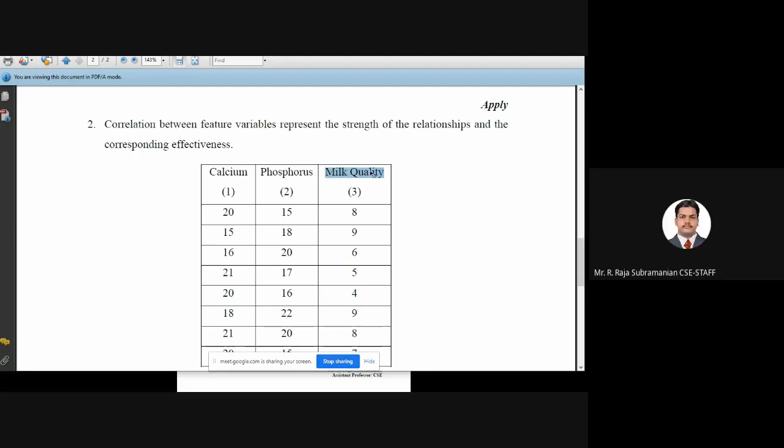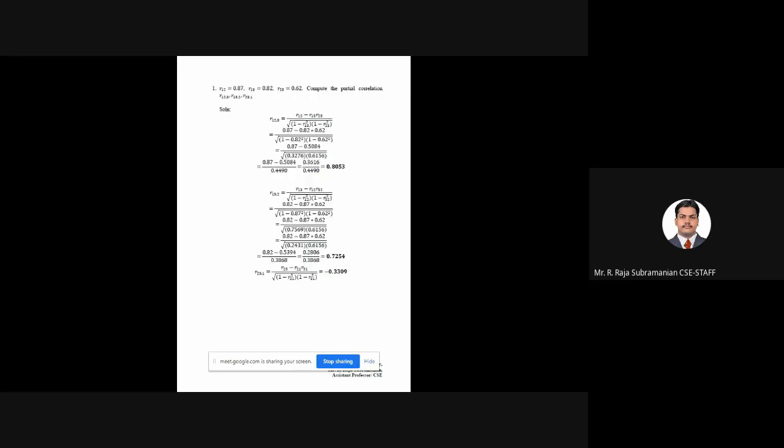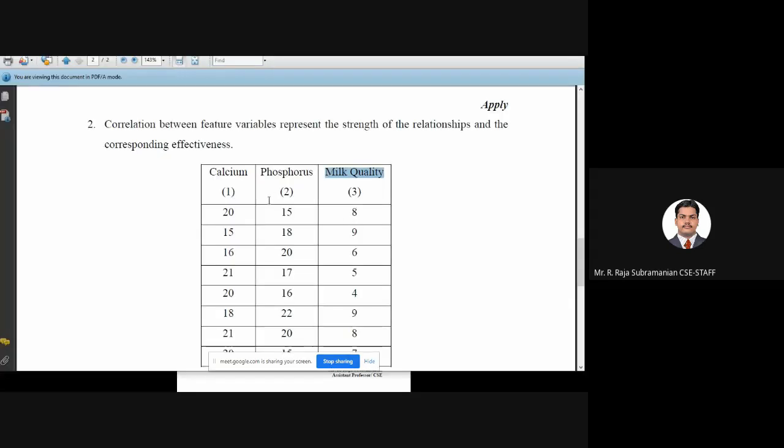Milk quality as dependent variable, calcium and phosphorus as independent. Great, R3.12. For these quizzes, I also specified the R values, so as not to confuse you, but sometimes in the exam I will not give the R values. You should understand what R is. But I'll give the notation 1, 2, 3, and based on that you should calculate.